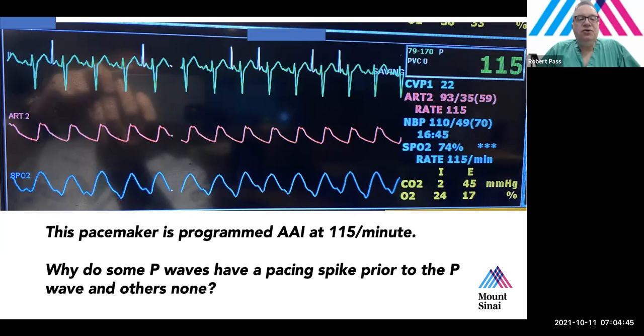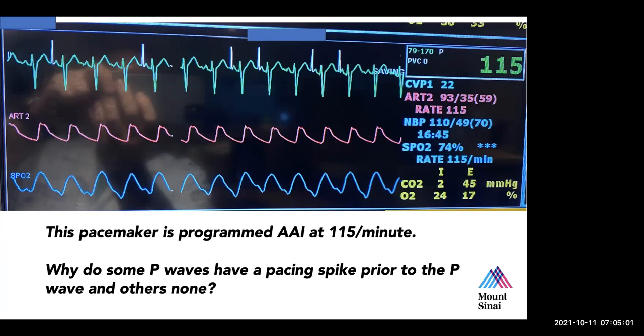Now, how would you tell the difference between the patient being in a sinus rhythm similar to the paced lower rate limit versus the monitor intermittently demonstrating a pacing spike or not? I would look at the box.